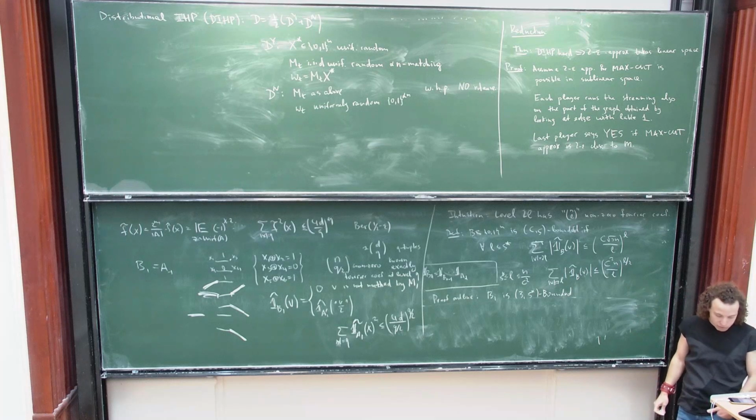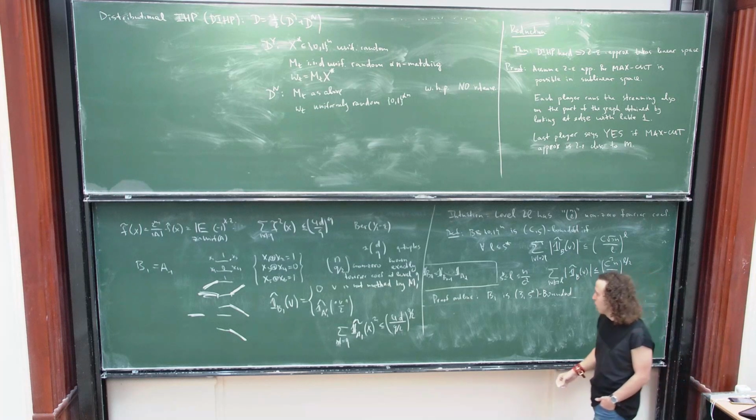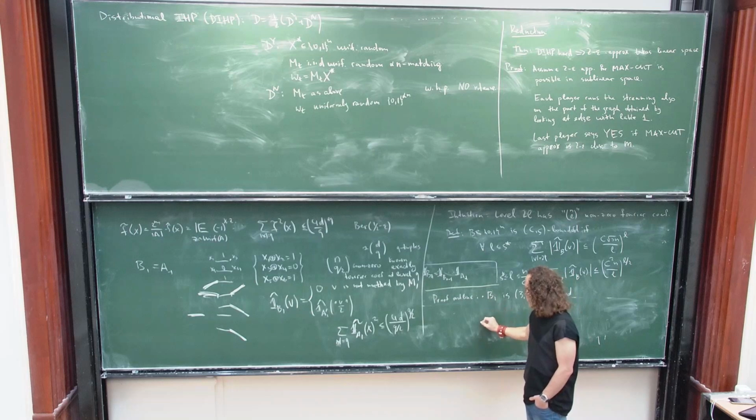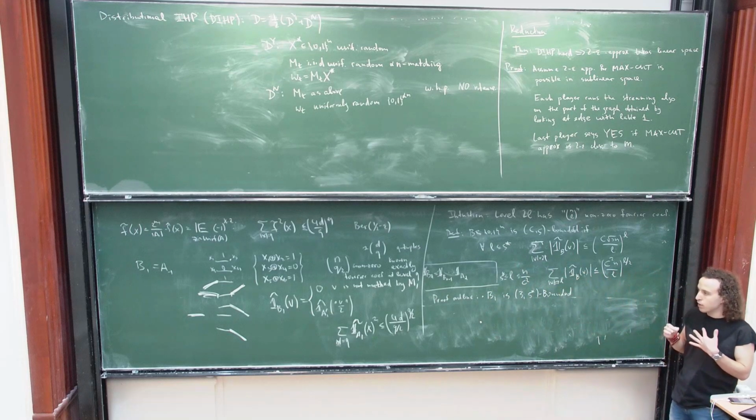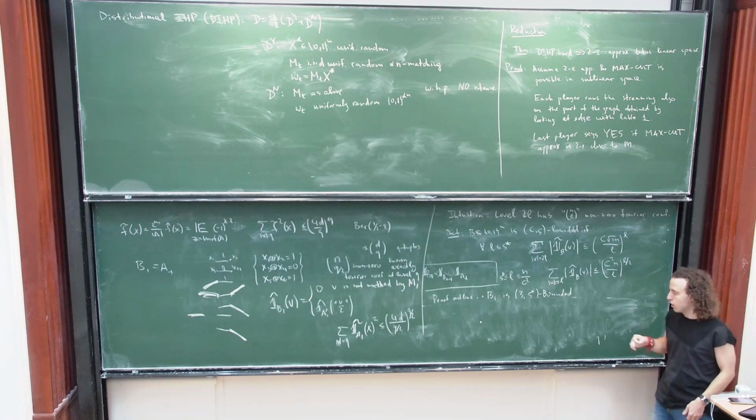The second thing, which is important, is that you need to show that this boundedness implies the fact that you don't learn anything about the typical matching.